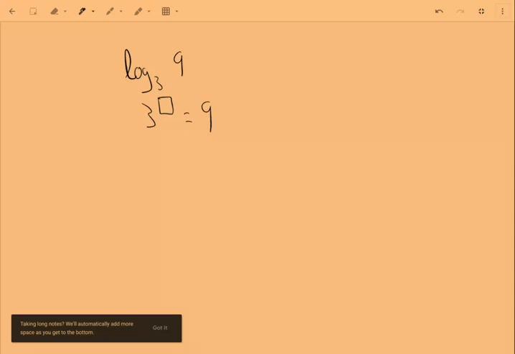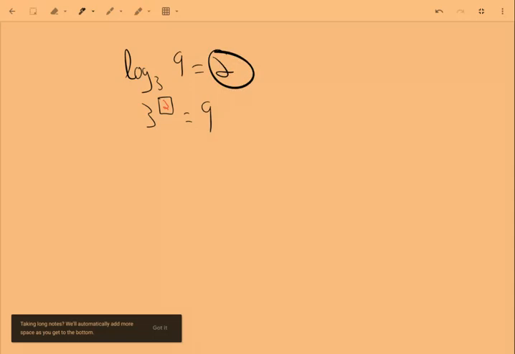So if I asked you to find log base 3 of 9, what that's really asking is what power do I have to raise 3 to get 9? And of course I know that the answer to that is 2, because 3 squared equals 9. So the answer in this case would be 2.